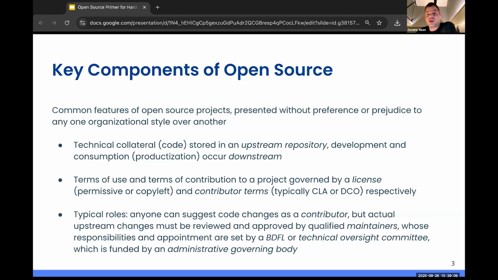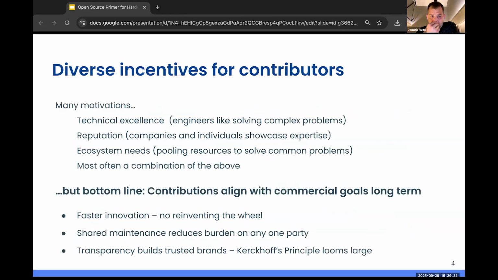And then overall effort is typically funded by an administrative governing body. Again, lots of variations within this set of parameters. But it's worth considering each of these different components as key portions of an open source effort.